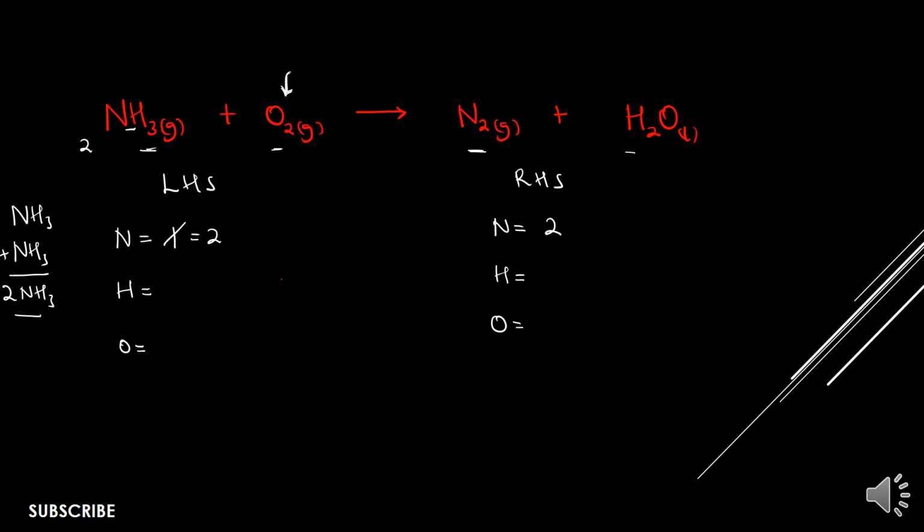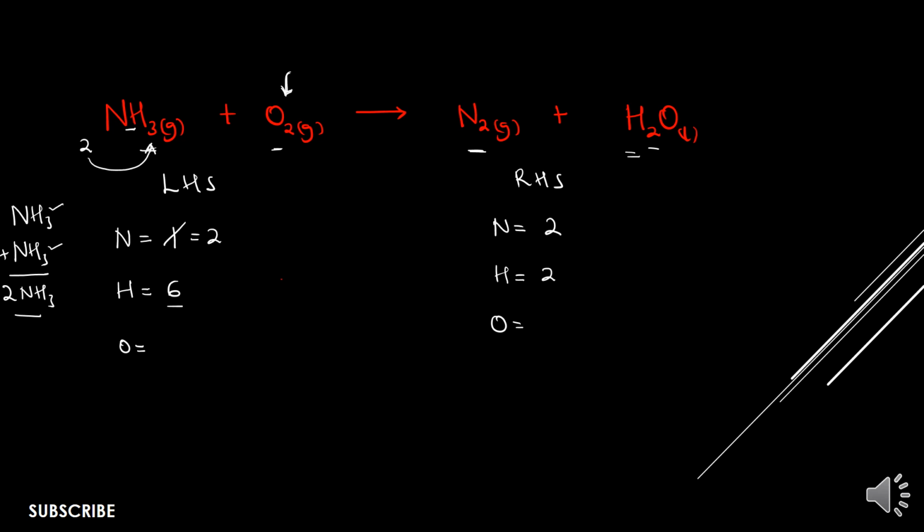So we go to hydrogen. Hydrogen, we now have 3 plus 3, which is 6, or we can say 2 times 3, which is 6. So hydrogen, we have 6 on the left hand side because we added a 2 on ammonia, but on the right hand side we have actually 2 atoms. So how can I have 6 atoms of hydrogen on the right hand side? Because in the reactants we have 6.